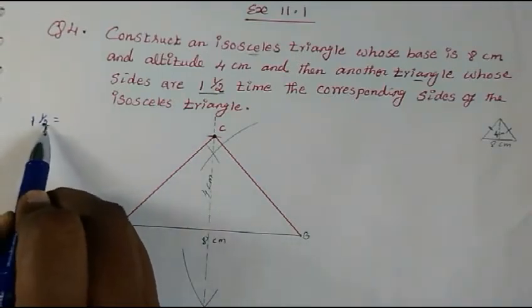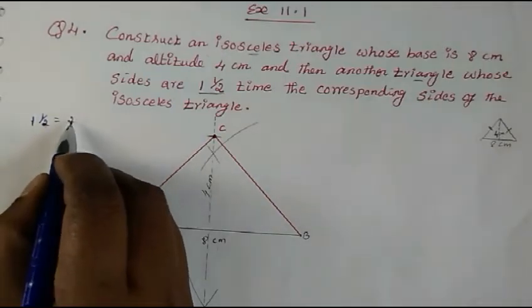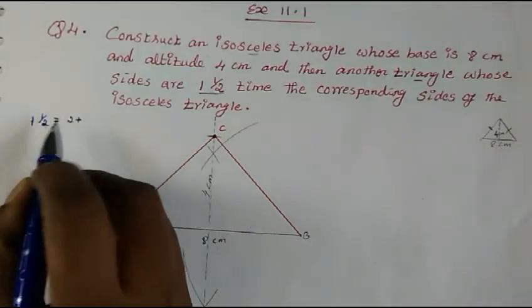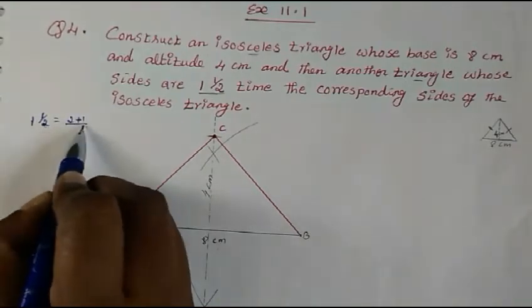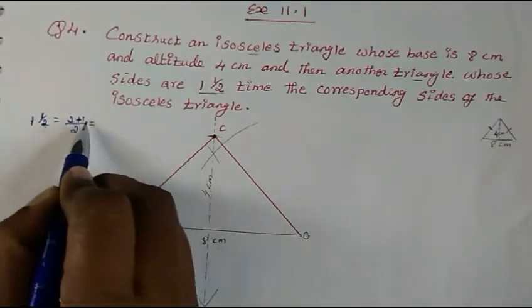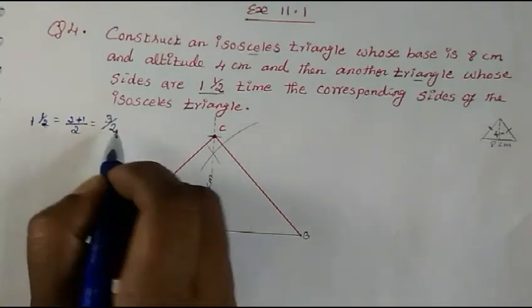These two we will multiply: 1 into 2 will be 2, then plus the numerator, then the denominator write as it is. So what we will get? 3/2.